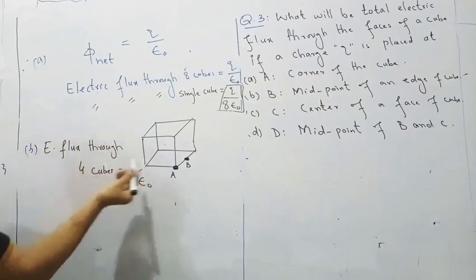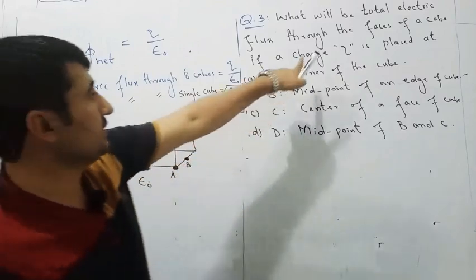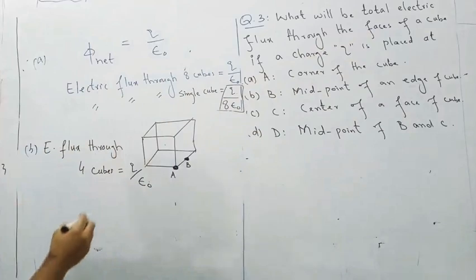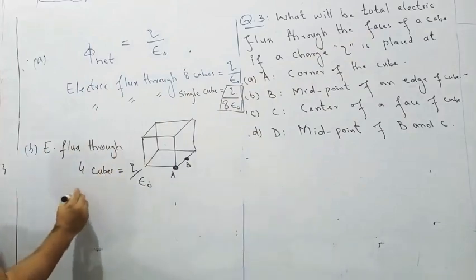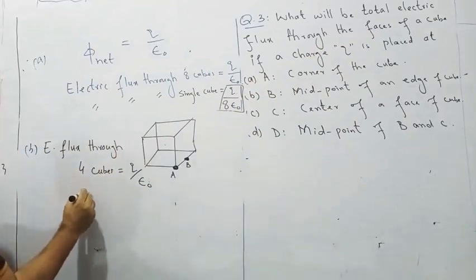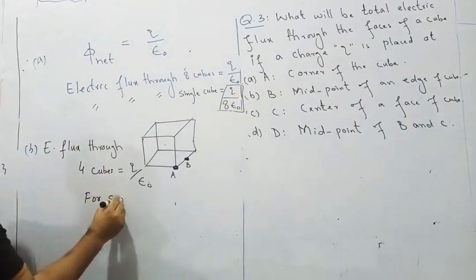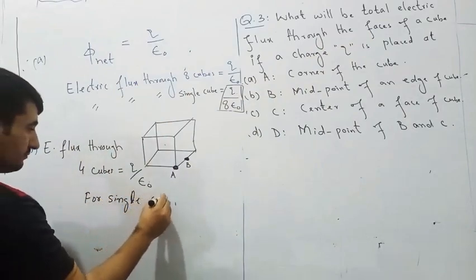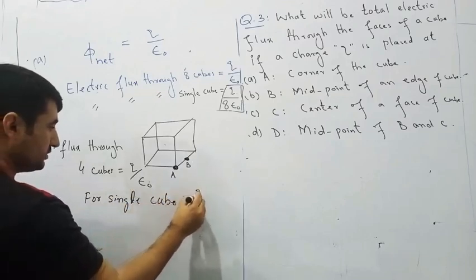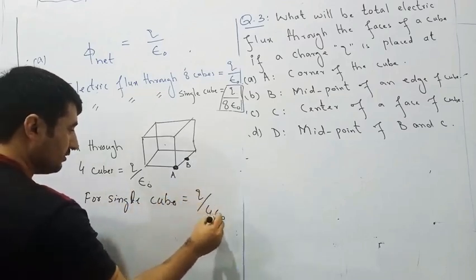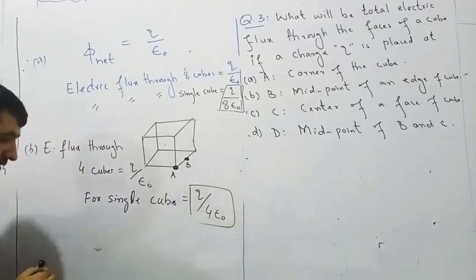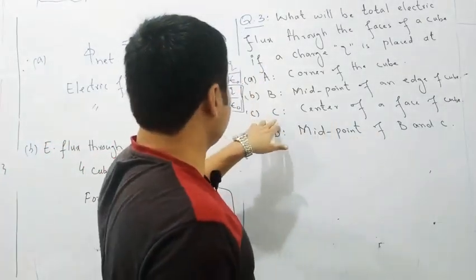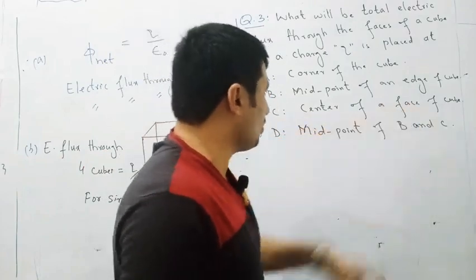So for a single cube, you divide by 4. For a single cube, that is Q divided by 4 epsilon naught. Clear? Next, part C, center of a face of a cube.